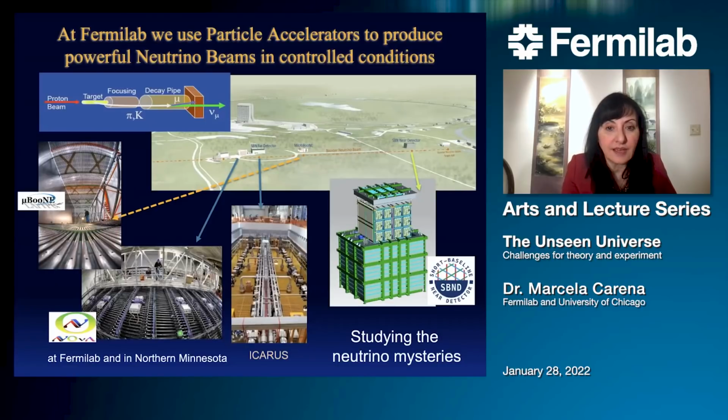And this is to study better how the properties of neutrinos change when they travel. And now there are the new detectors coming, ICARUS here and SBND, all of them to study the best we can the neutrino mysteries. But let me just do one little step back and tell you a little bit about neutrinos before moving forward to our next project at Fermilab.